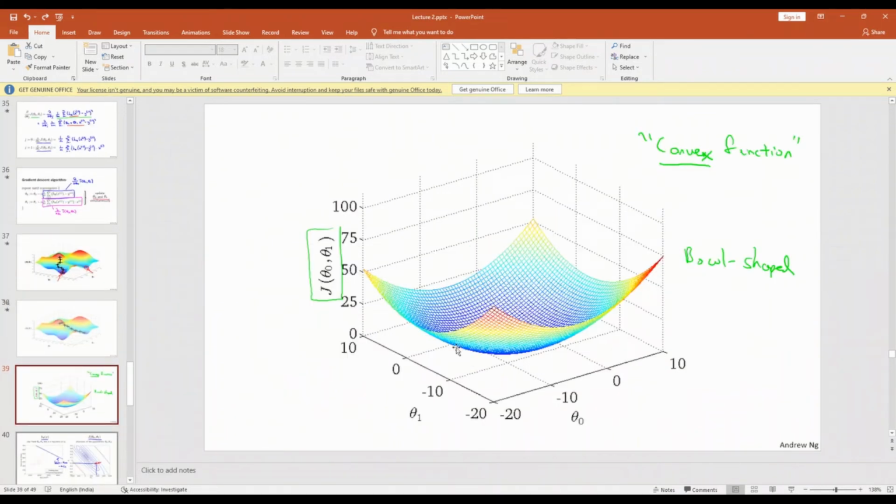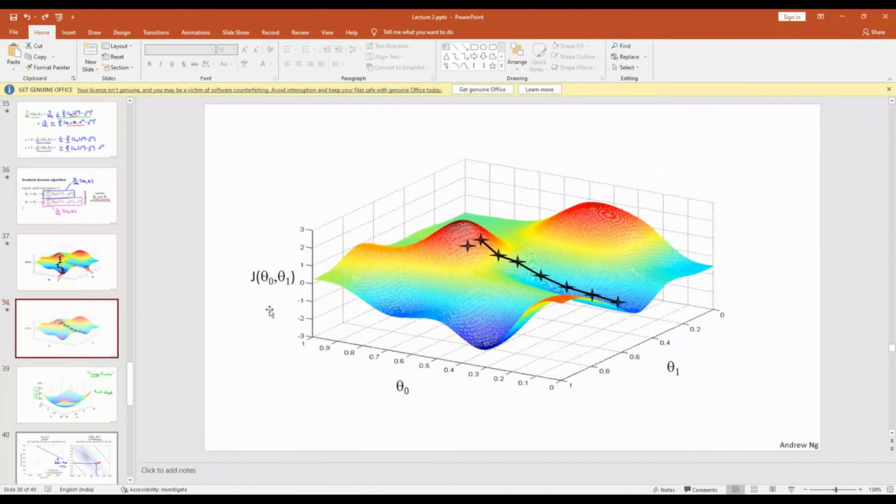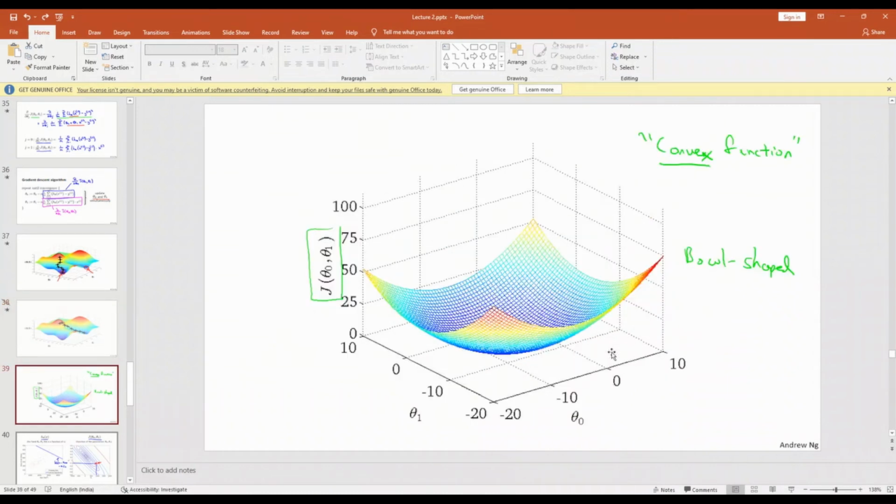So usually our J theta function does not look like this, because of what we are using, we have understood the gradient descent algorithm and what issues it has, there may be an issue of this thing. But when we are working with linear regression, the J theta cost function which we have selected never gives this kind of shape. It is always in this kind of shape. It is convex, also known as this bowl shaped function.